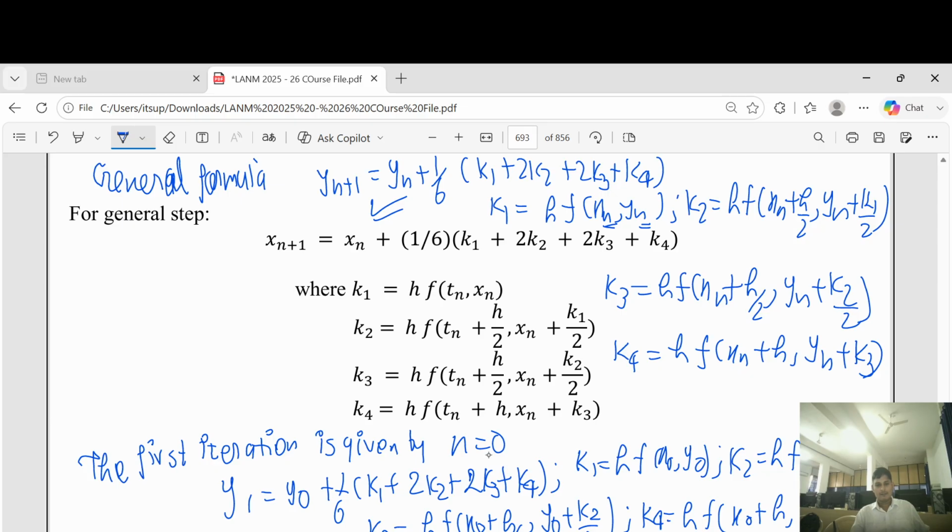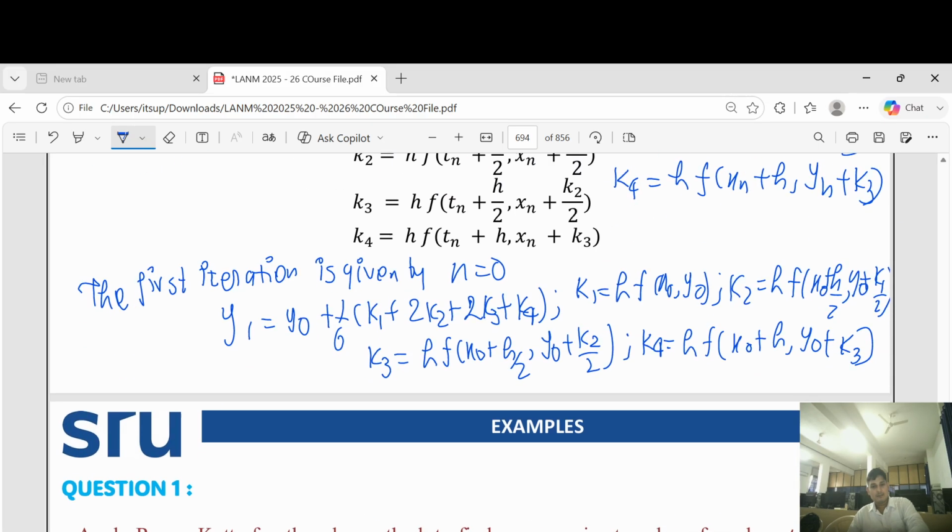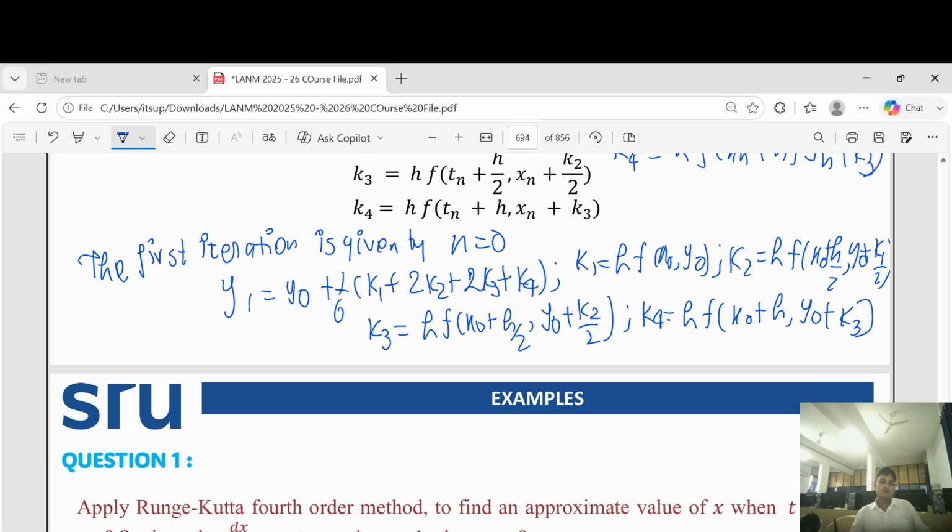And if you want the second approximation, then how? Second approximation is y2. So y2 is equal to, this is the second iteration. So y2 is y1. Y1 means the value of y1 you evaluated in the first step.